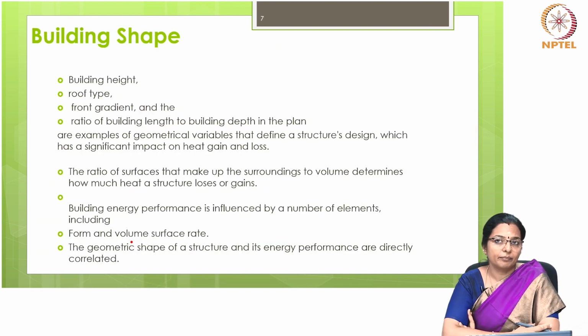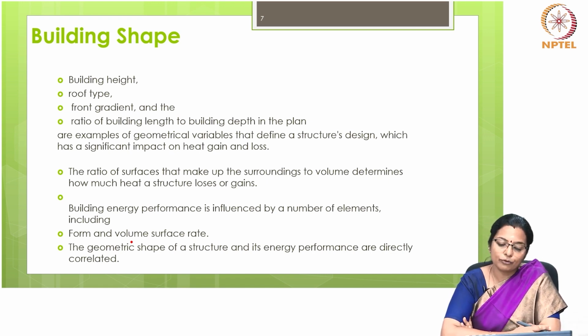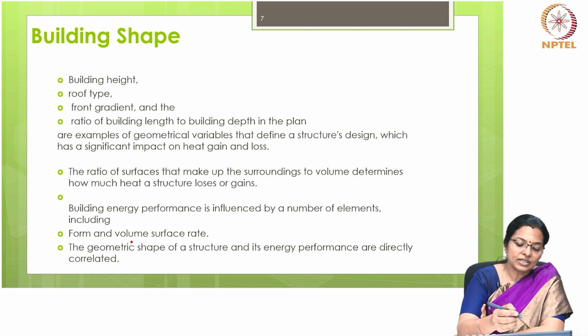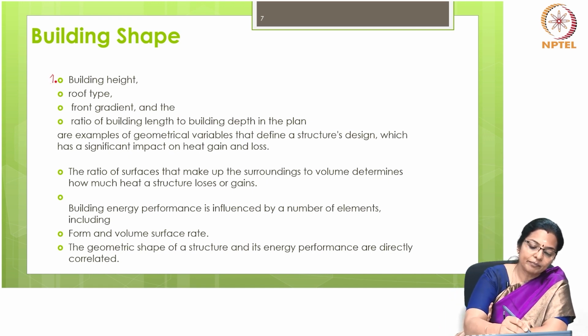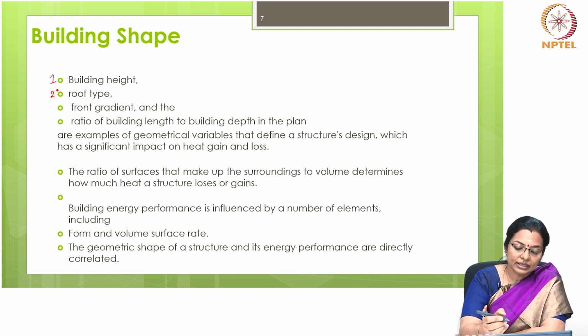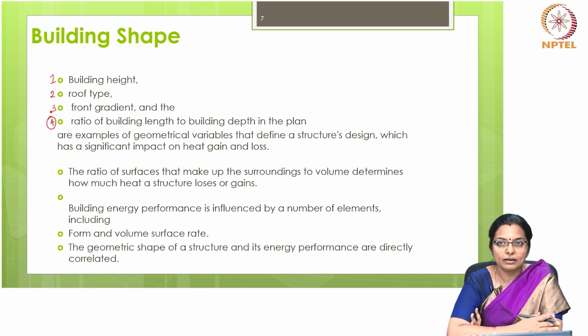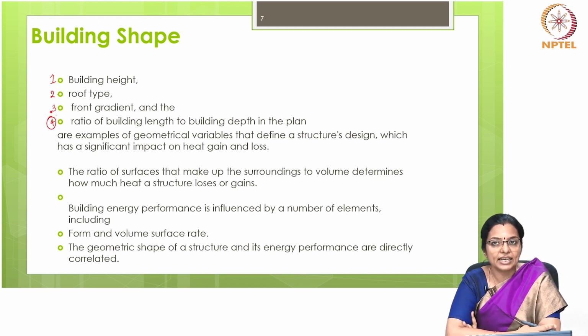Building height is another criterion because building shape is governed by the following parameters. First is the building height, second is the roof type, third is the front gradient, and then the ratio of the building length to building depth in the plan.